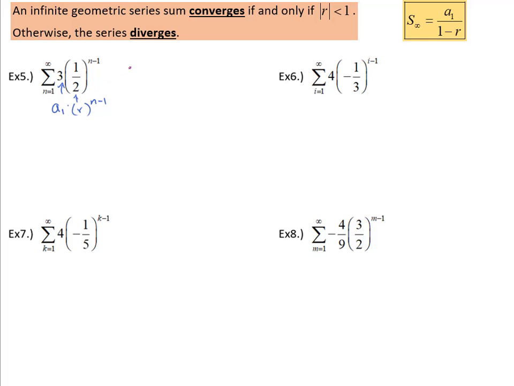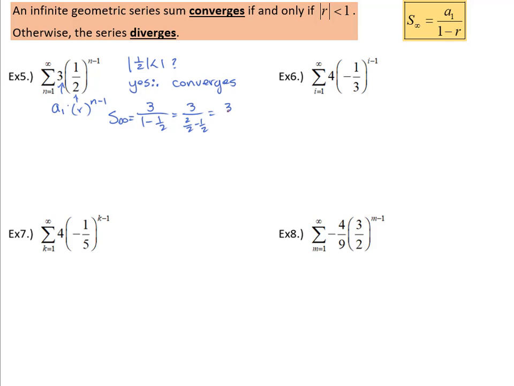So here's r. Is the absolute value of 1/2 less than 1? Yes. This does converge. Okay, and if we find our sum, we're going to do our first term, which is 3, over 1 minus r, which is 1/2. So find yourself a nice common denominator again.